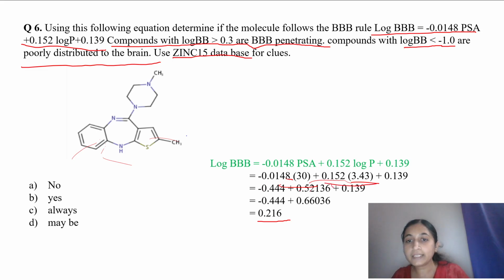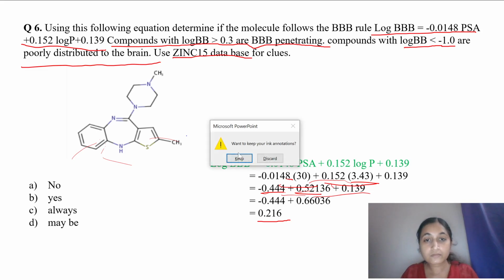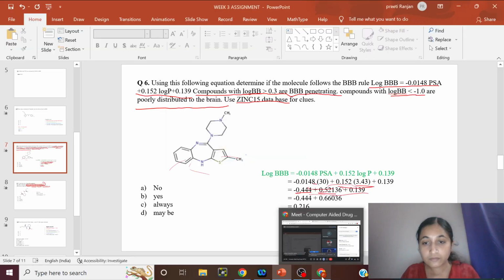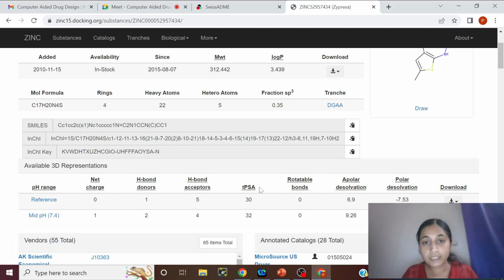If we multiply this, then we will get this. Why are we not getting this? What is the problem in this? See, just now I showed here: TPSA is 30, and the log P value is 3.439. You see?